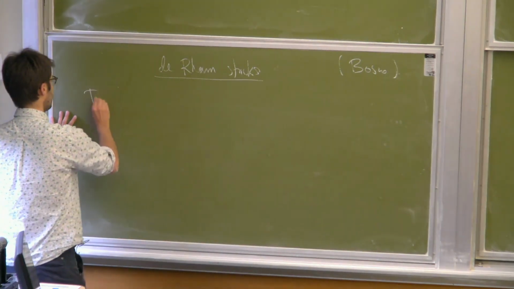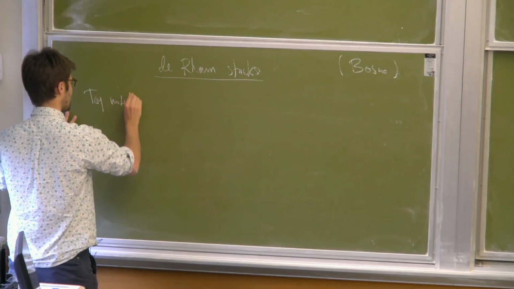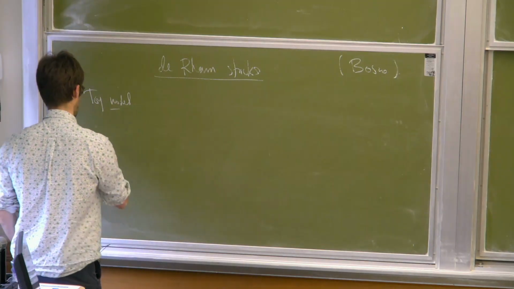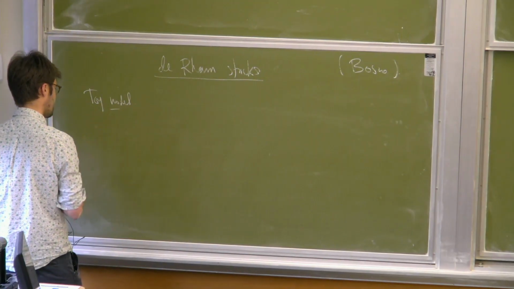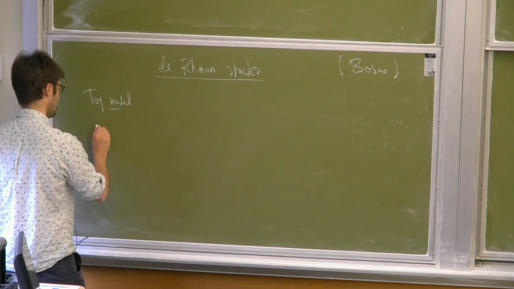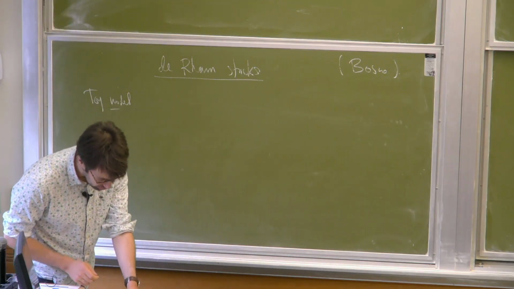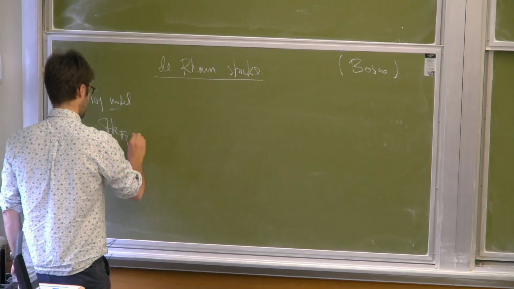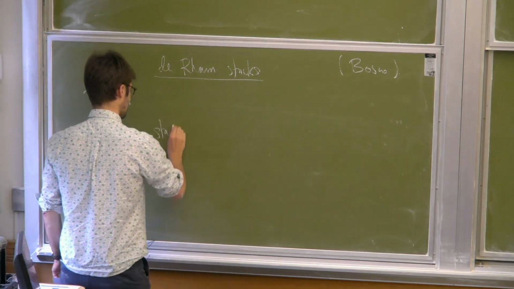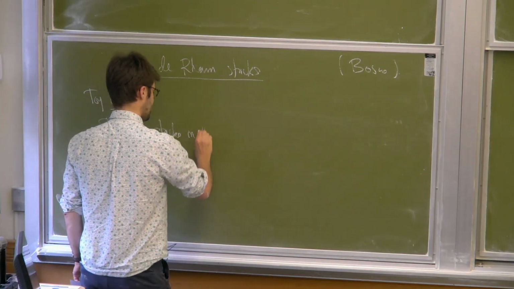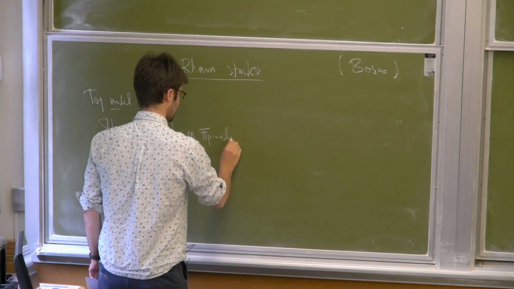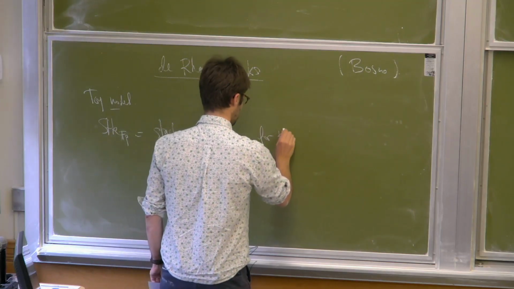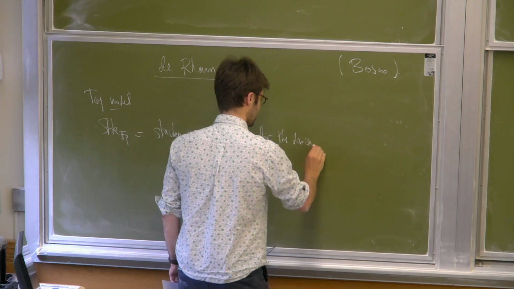So maybe I want to start with a toy model for what we will be doing. It's an example in characteristic p. So let's write Stack_{F_p} for the category of stacks on F_p-algebras, let's say, for example, for the descendable topology.